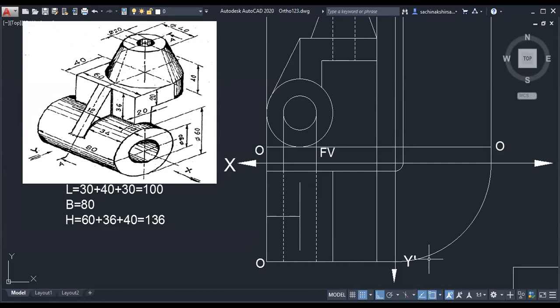Are you getting it? Why did I go 30 here and 30 here? Because this dimension, are you remembering, this dimension is 60. Width of middle part is 60. Are you getting it? Yes, sir. After that what do I have to do?